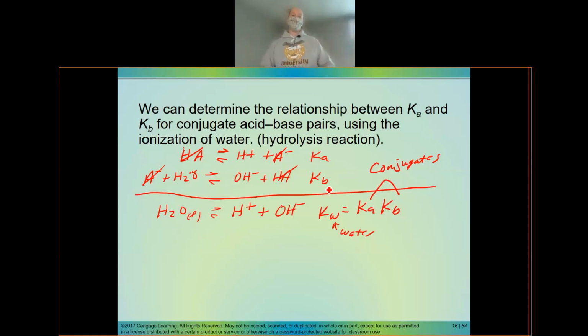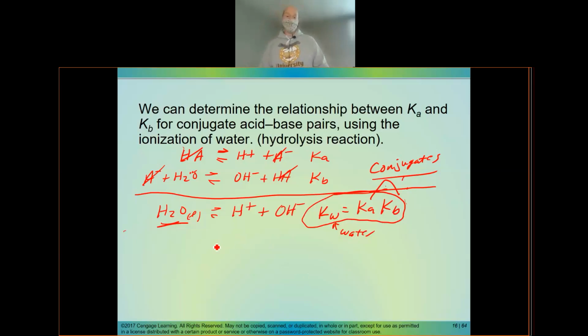If you didn't have conjugates, then the HAs wouldn't be the same and wouldn't cancel. The A minuses wouldn't be the same and wouldn't cancel. So for the equation where Kw is equal to Ka times Kb, that acid and base has to be conjugates, or they would not cancel out to give just water going to H plus and OH minus.